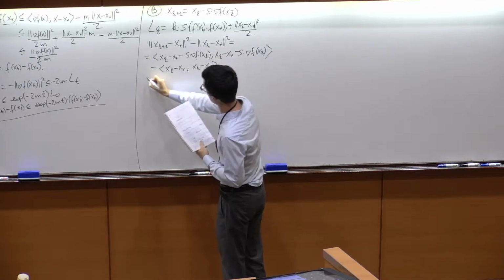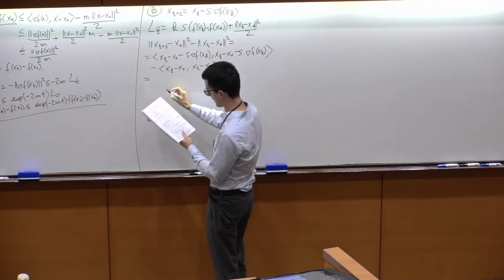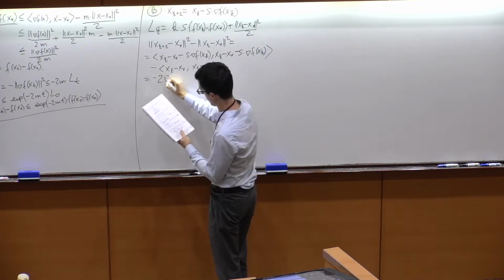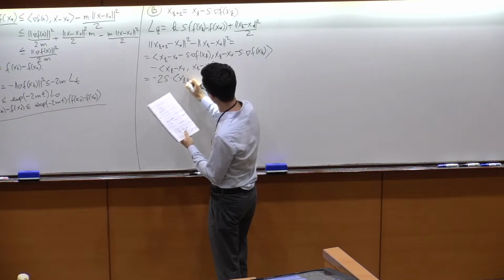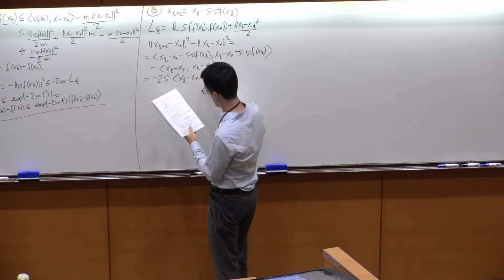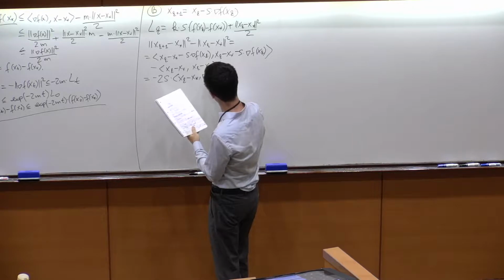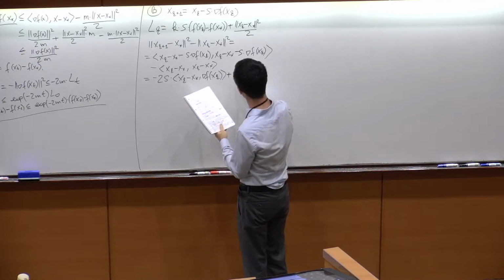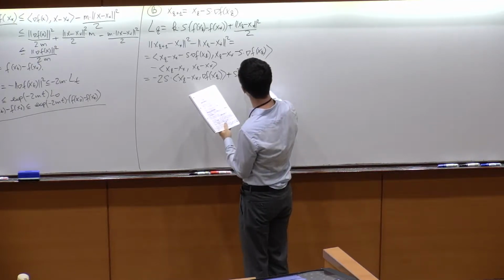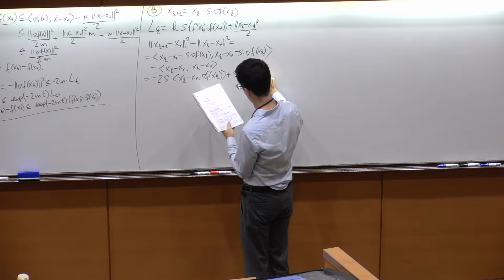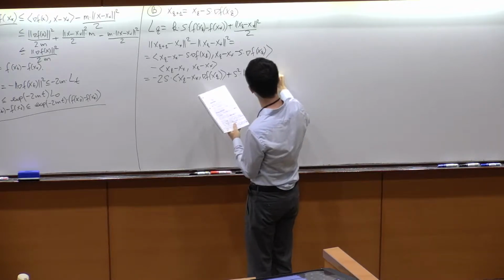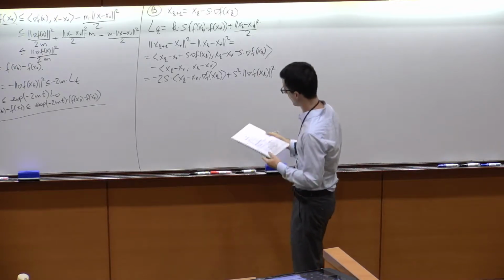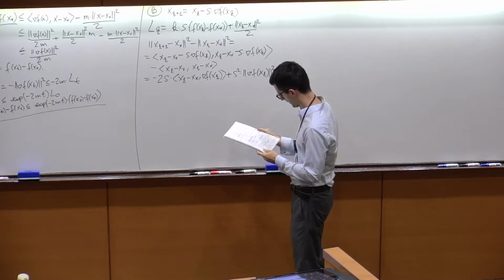Okay, so by rearrangement, you will get that this is equal to minus 2s times xk minus x star, gradient f xk, plus s squared times gradient f xk norm square. So that's it.